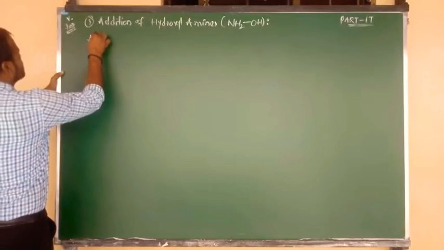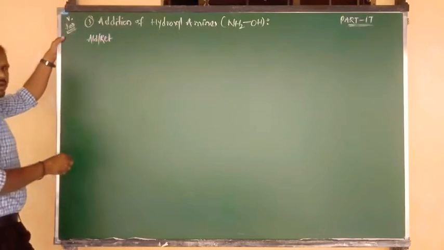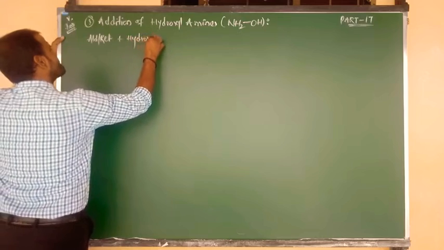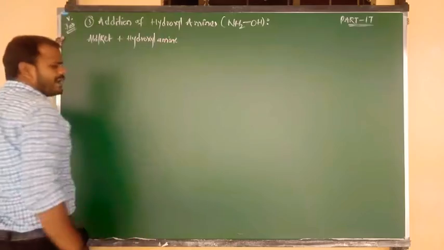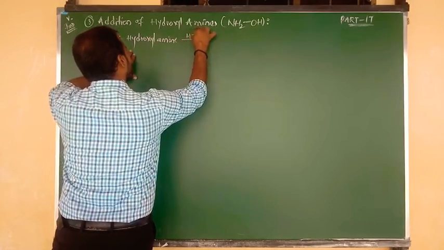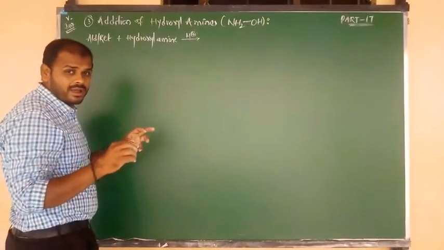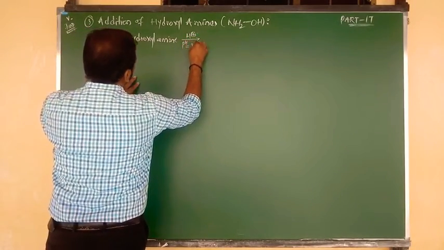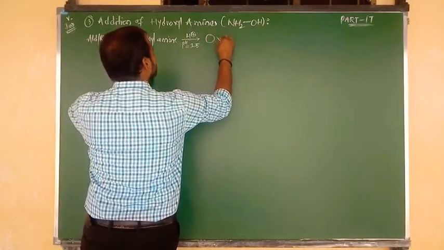So same thing, it is the property of aldehydes and ketones. Aldehydes and ketones on addition with hydroxyl amine. On addition with what beta? Hydroxyl amine. Addition of hydroxyl amine takes place, again same thing, in presence of an acid medium as an acid catalyst. And that acid should contain a fixed pH value. The pH value of the acidic medium is nearby 3.5. And here you are going to get the product.